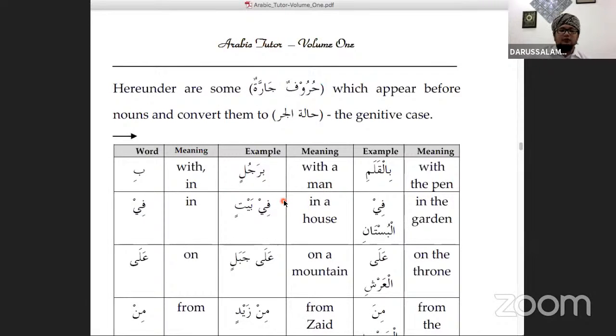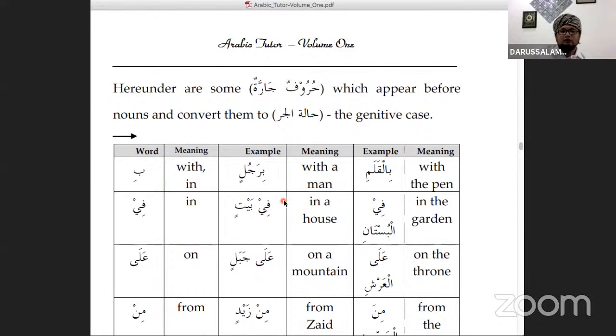Now we learn about huruful jar. You already know this, huruful jar. He's an expert on it. Huruf jarrah. You read it together. Or you can say huruful jar.